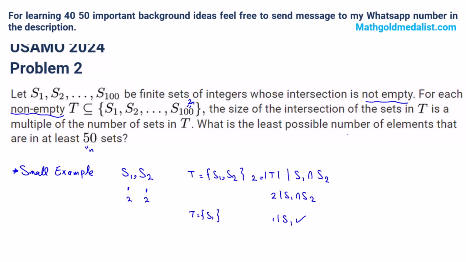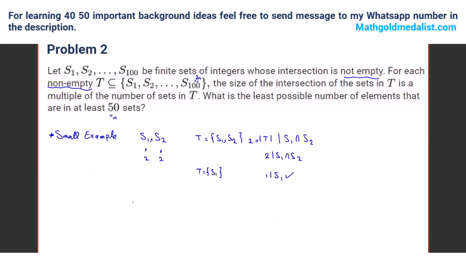Then it says what's the least number of elements that are in at least one set? So the answer is what for 2? For 2 it is 2, right? For 2n equal to 2, the answer is 2. Now in the next step we can check what?